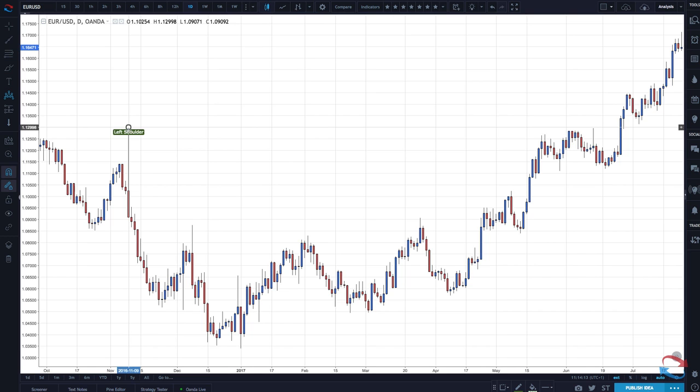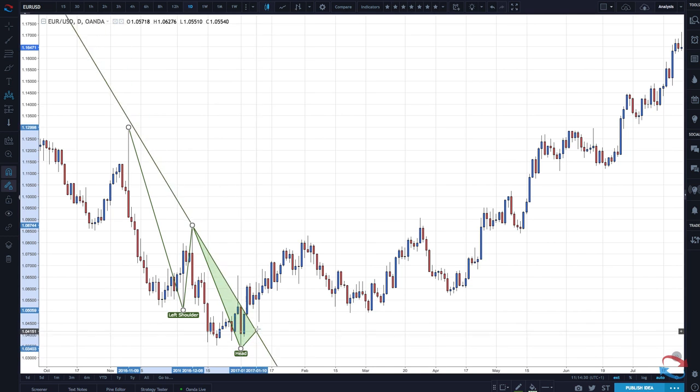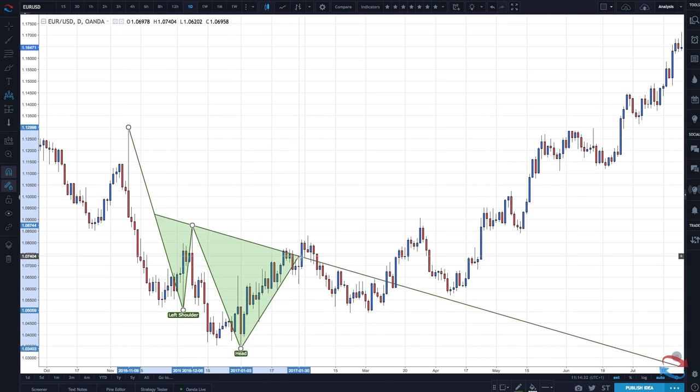But if we do click, and it has start of the left shoulder, we have a low, we have a pullback. Now the creation of the head, this would be the new low, and then we have a pullback.